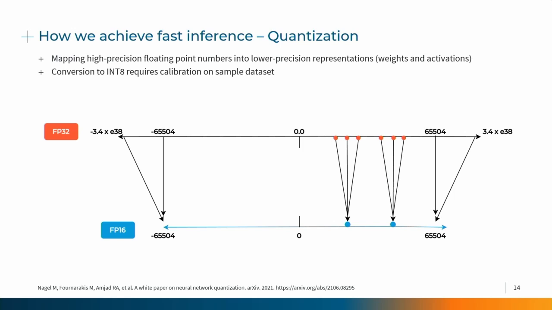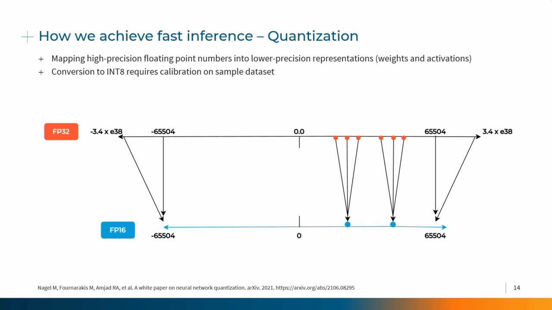So we first train a model, take the weights of the model, and optionally we can also take the intermediate outputs, so the activations of the model, and convert them from float 32 to float 16 as the easiest example. And even though the idea is very simple, it still comes with challenges, because we have to adjust which layers we apply this method to, since we can actually lose accuracy if we need to retain float 32 for some of the activations or some of the weights, for example.